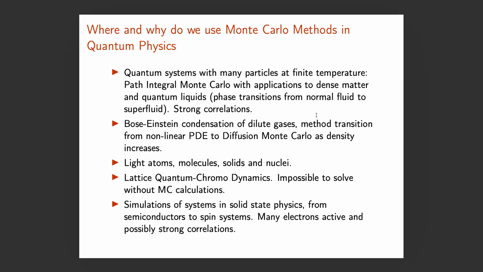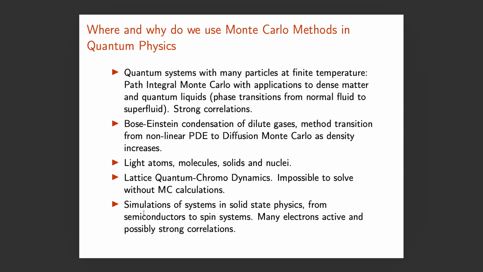So the kind of systems where these methods have been used is essentially all kinds of systems we can think of. And you can just see a list of topics here. Now, one thing which is interesting with these methods, compared to mean field methods like Hartree-Fock theory, is that there you often have a single particle wave function or single particle basis as an ansatz.